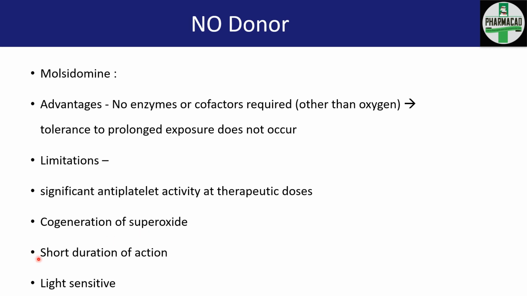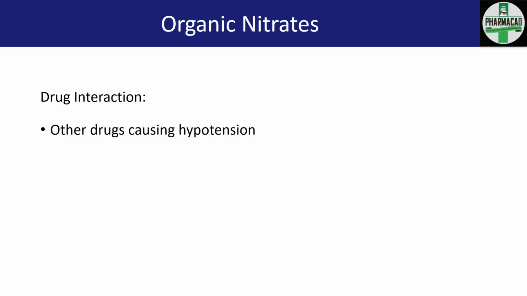It has a short duration of action and it is very light sensitive. So when it is administered or manufactured, everything has to be controlled. Light control should be there. And that's why the use of molsidomine is very less, in spite of such benefits. There are so many limitations, so the use is less.